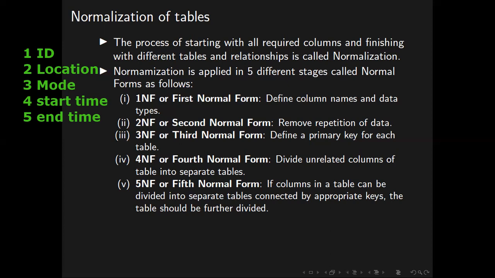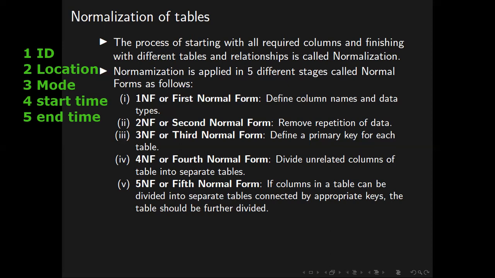We started with a single large table, with a 5-column table. For real world conditions, you may have 30 or 40 columns for each table. You have to suitably divide them. The fifth normal form subdivides whatever table can be subdivided. If you have the possibility of subdividing the column, you subdivide it. That is fifth normal form.